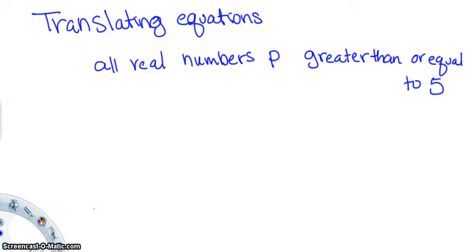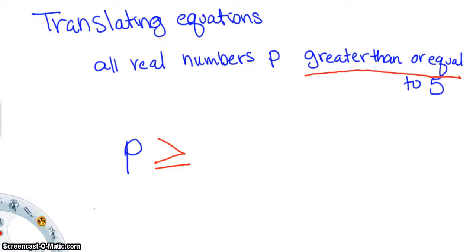If we're looking to translate inequalities, and we have all real numbers p greater than or equal to 5, we would write this out. We have p for all real numbers p, and then greater than or equal to 5. We're looking at a sign that makes p the bigger number, opened up to p, or equal to, making sure we have the equal sign there, and it says 5.